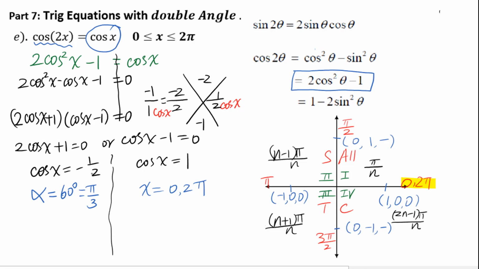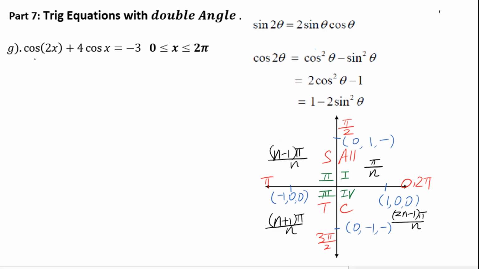Negative, all students take calculus. It will go to the second and then the third quadrant. So you need to use this pattern and this pattern. So x equals 2 pi over 3 and 4 pi over 3.